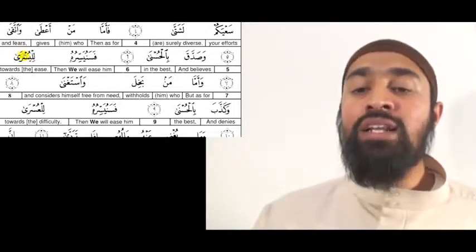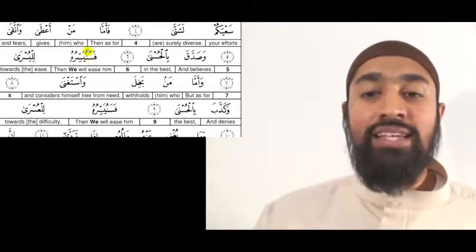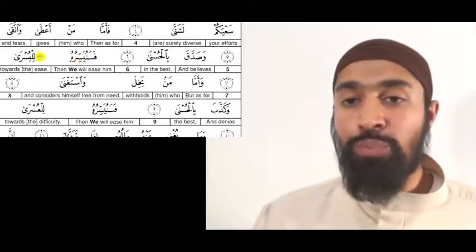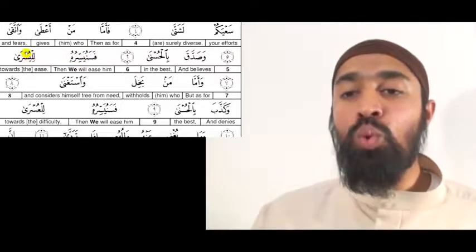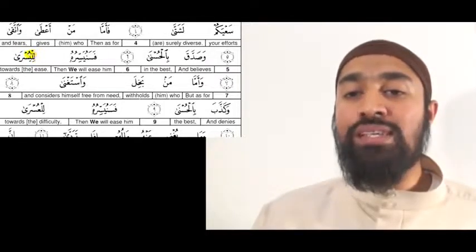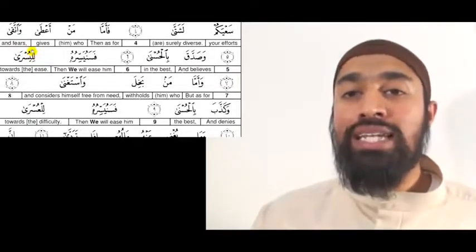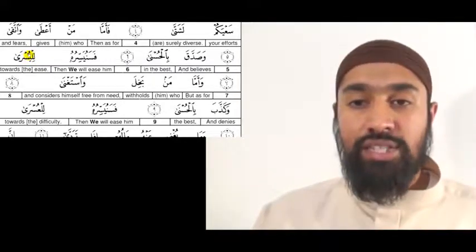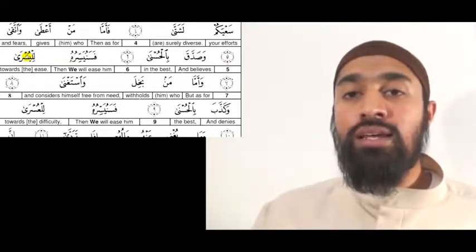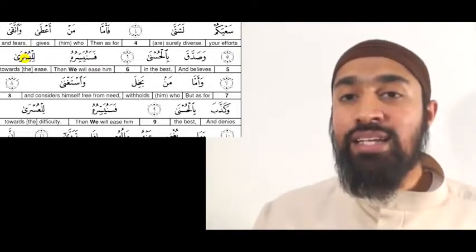لِلْيُسْرَى. This ra is heavy, you know, because it has a line on top. فَسَنُيَسِّرُهُ لِلْيُسْرَى. Lil. What could happen here, and I want you to watch this, the lil sound. Lil yusra. Lil.